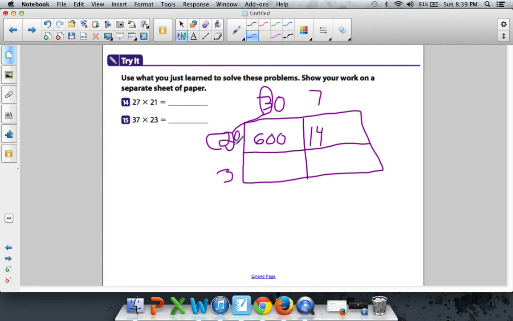But then you gotta add that 0. That one has more zeros because both of the numbers had 0. This one only has that 1 zero because only 20 has a 0. Okay. Now for this box, do 3 times 30. We'll just do 3 times 3. And then that 0 that we forgot, just put it right there. And then 3 times 7 is 21.